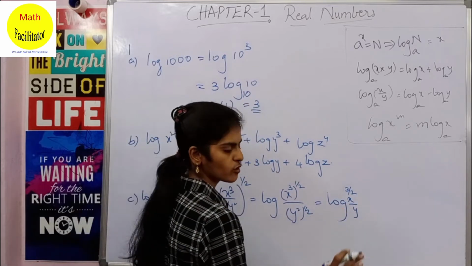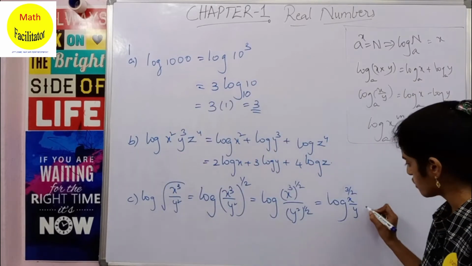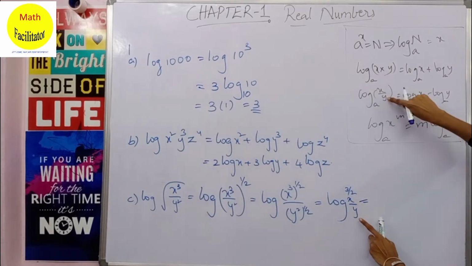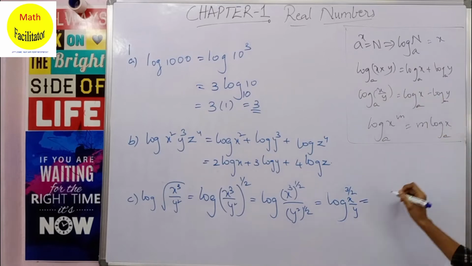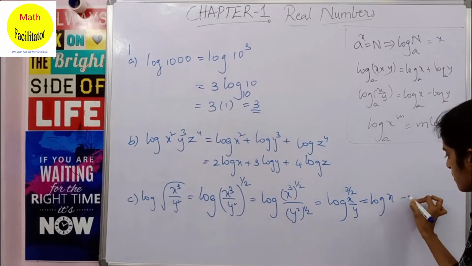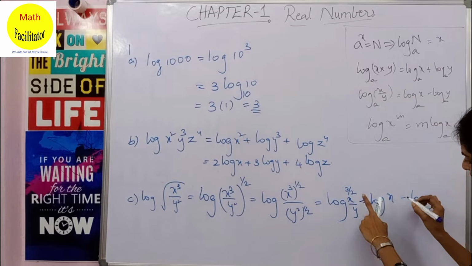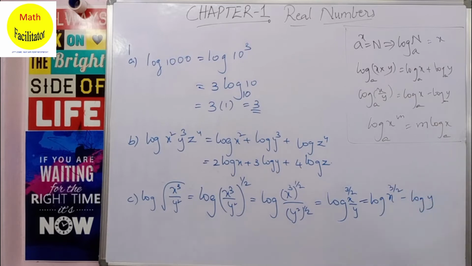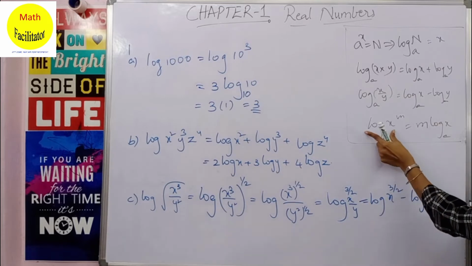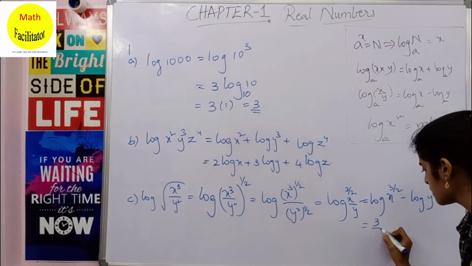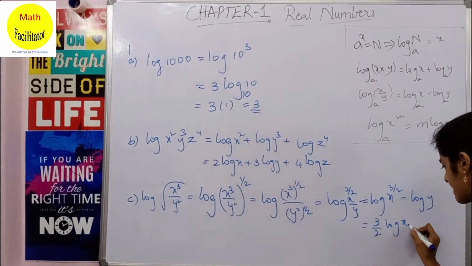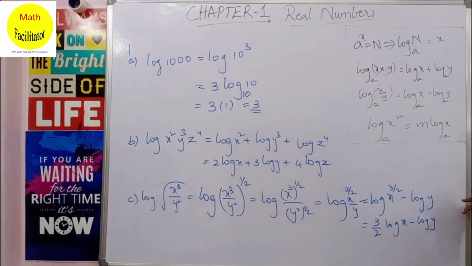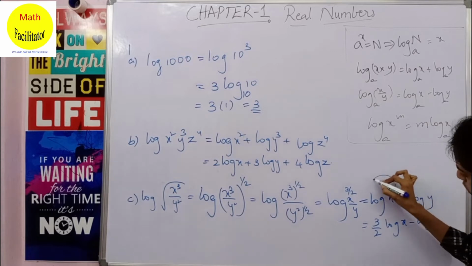So y has no power now, y has power 1. So this is of the form log x by y. So it is log x minus log y, but x has the power 3 by 2. Now again this is of the form log x power m. So it is 3 by 2 log x minus log y. This complete power goes here.